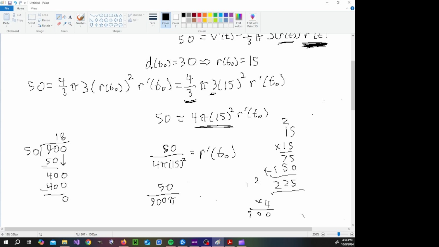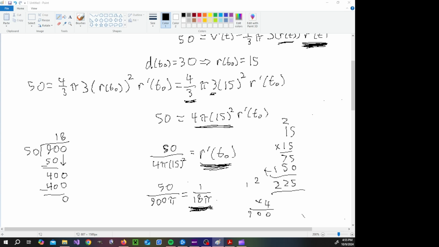So this goes in there evenly, just like we hoped. So it turns out that 50 times 18 gives me 900, so this does cancel, and this is 1 over 18 pi. That is my r prime at that moment, how fast the radius is changing.